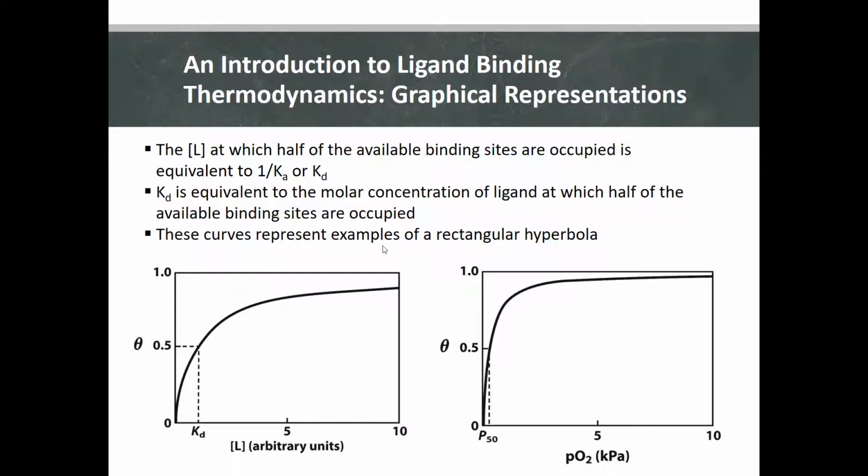Now, let me point you to this plot right here. This is more of what you should expect to see when we talk about oxygen binding proteins. So here, the x-axis, which would normally just be ligand concentration, is replaced by the partial pressure of oxygen. This is an important thing to note because the concentration of dissolved oxygen is notoriously difficult to determine. It's really hard to pin that number down because of the poor solubility of oxygen.